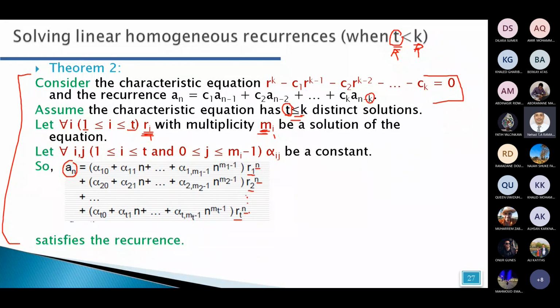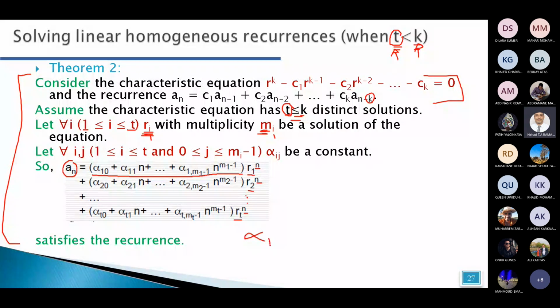This part is the same as in the first theorem. The difference is with the constants. Look how many constants we have. We will start from 1.